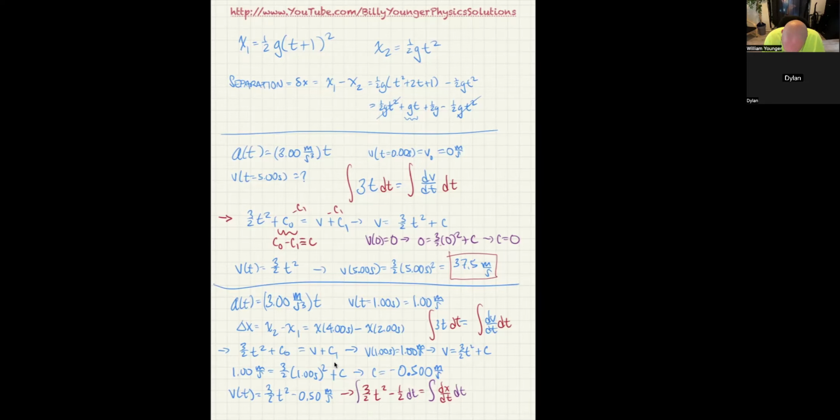So this should give us ultimately 3/2 t squared is going to become 3/6 t cubed minus 1/2 t plus some constant, let's call it c0, is equal to x plus some other constant, c1. So you can say x of t is equal to 3/6, which is 1/2 t cubed minus 1/2 t plus some new constant.